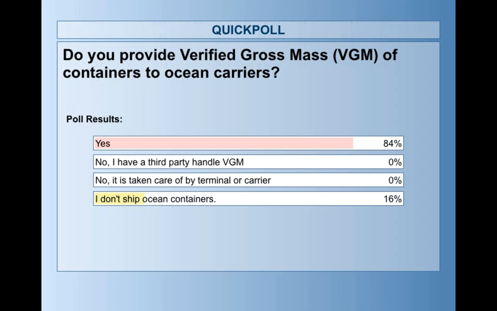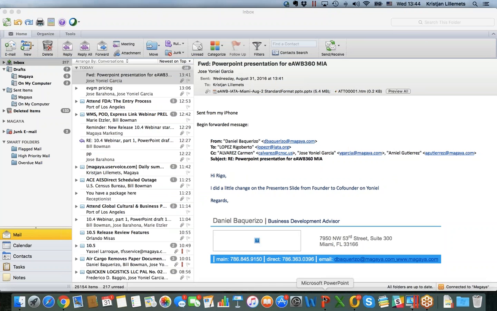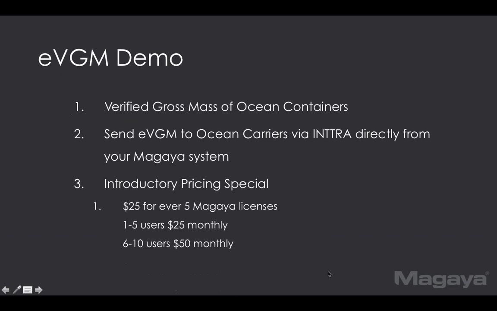All right, so what's interesting is that out of everyone who answered, they themselves have to provide the EVGM to the carrier. So we have heard from the industry that many of the carriers have the terminals weigh the container, but it looks like it is still widespread out there that the freight forwarders or shippers have to provide it as well.